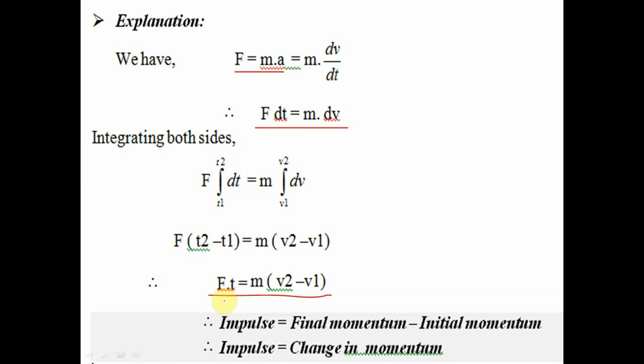So Ft, the total impulse, is equal to final momentum minus initial momentum. That is, impulse is equal to change in momentum. I can write it as summation F into t is equal to mv minus mu.